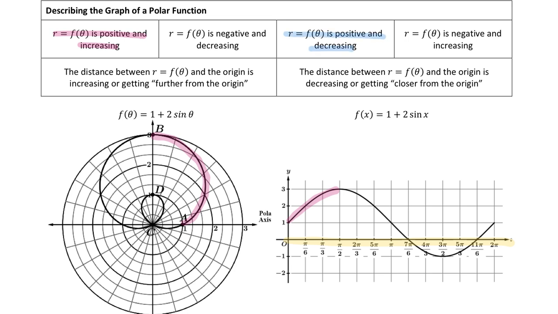We're going to highlight the sections that are positive but decreasing in blue. On my rectangular graph, the next particular section is positive but decreasing. And it's positive and decreasing all the way until we reach that x-axis. After we touch the x-axis, when we cross through it, our values are now negative. So our blue section is a little bit bigger than we would have highlighted it last time, because we were looking at the midline last time.